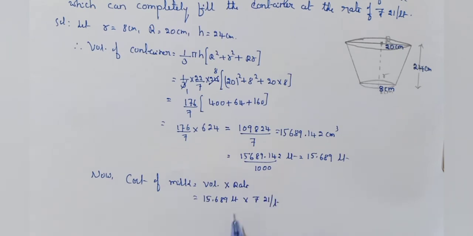So if you multiply 15.689 into 21, that is 329.47 rupees. So the cost of the milk is 329 rupees 47 paise.